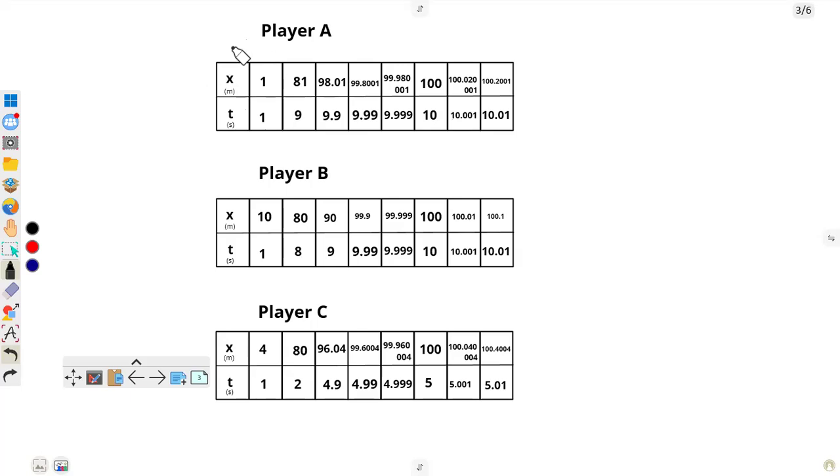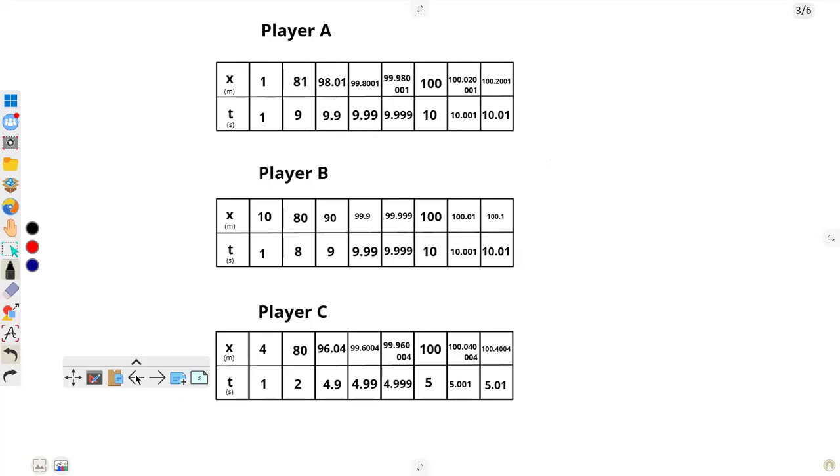At t is equal to 9 seconds, we have x is equal to 81 meters. Then at t is equal to 9.9, we have x is 98.01 meters, and so on. Does anyone know how we can find speed? We have to judge who won the race.